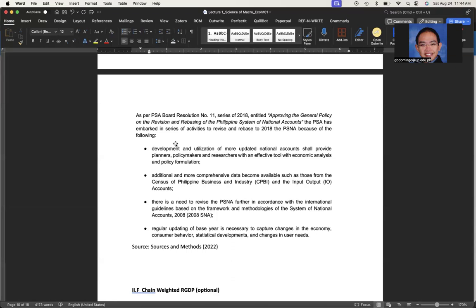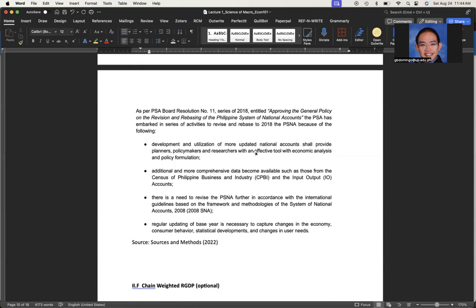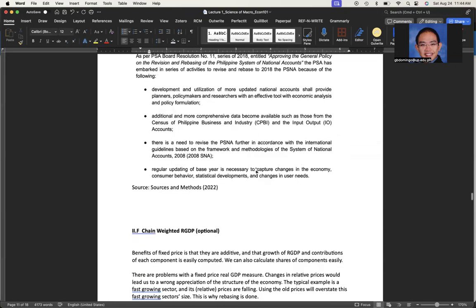This is in contrast to other countries, for instance, which offer both the fixed price and the chain-weighted real GDP growth as both measures, calculated in parallel. Such as, say, the United States, they would offer that. But the Philippines, we are definitely continuing to use the fixed base price real GDP measure here. And we'll just rebase it every so often, again, to adjust for these changes in the economy, changes in consumer behavior and changes in user needs.